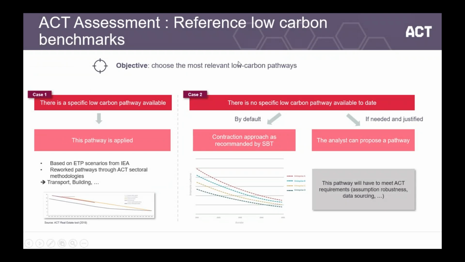As I said, to be able to do this kind of assessment, we will need low carbon pathways. So we certainly will have to face different configurations. In the first case, we have a specific pathway available, which means some organization provided a specific pathway for a specific sector and tells us what level of ambition to achieve to be aligned with the low carbon transition.